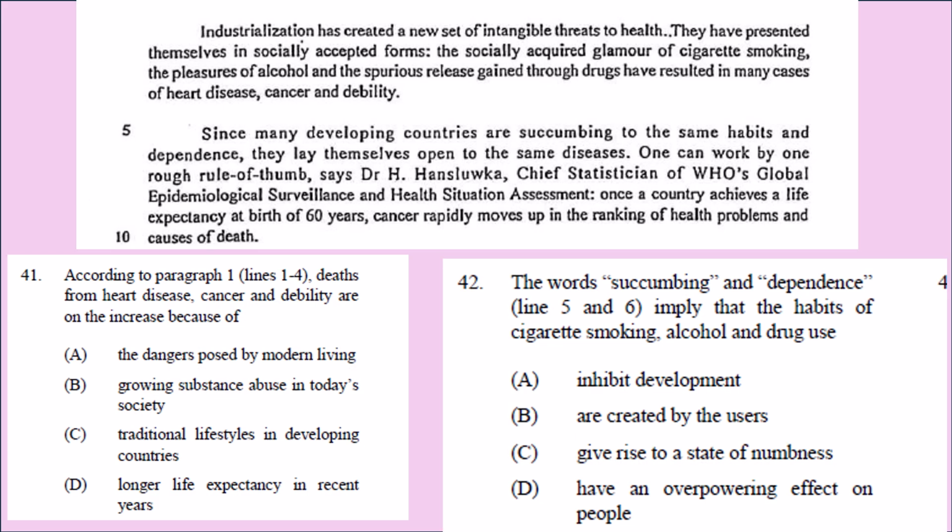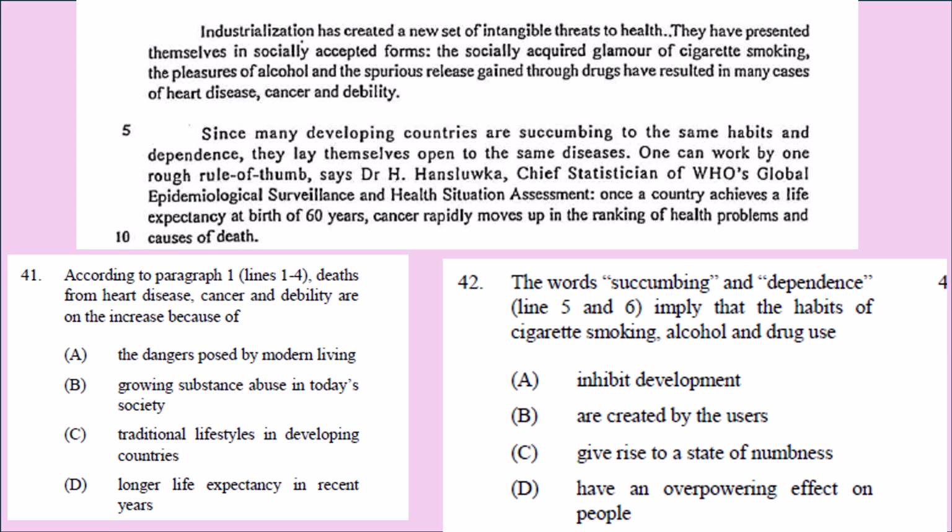Question 41. According to paragraph 1, deaths from heart disease, cancer and debility are on the increase because of A. The dangers posed by modern living, B. Growing substance abuse in today's society, C. Traditional lifestyles in developing countries, D. Longer life expectancy in recent years.